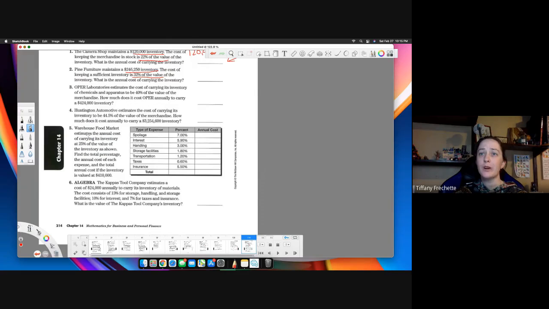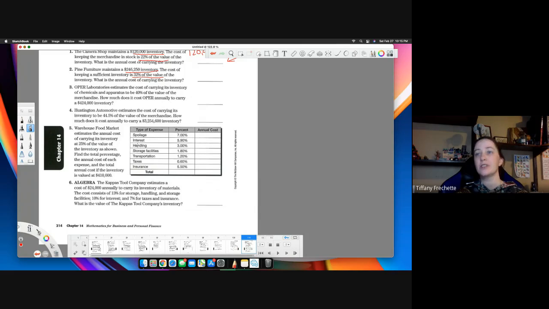So Warehouse Food Market establishes the annual cost of carrying its inventory at 25% of the value of the inventory as shown. Find the total percentage, the annual cost of each expense, and the total annual cost if the inventory is valued at $410,000. So with this one, basically we need to just multiply by these pieces.